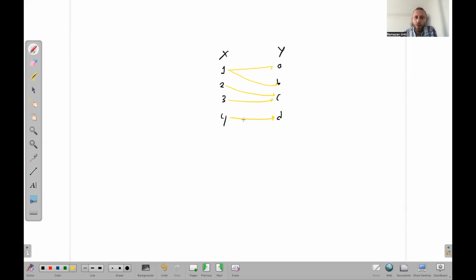So what are all the possible pairs? 1A, 1B, 2C, 3C, and 4D.